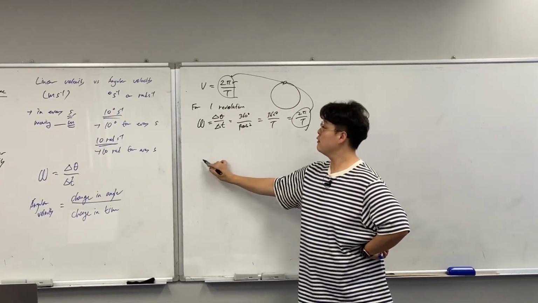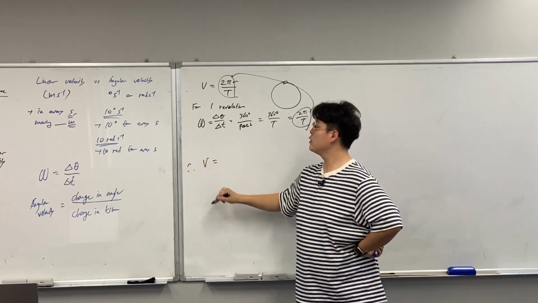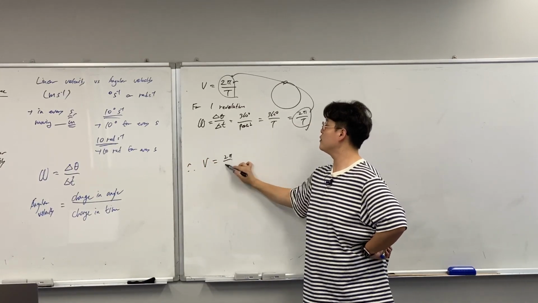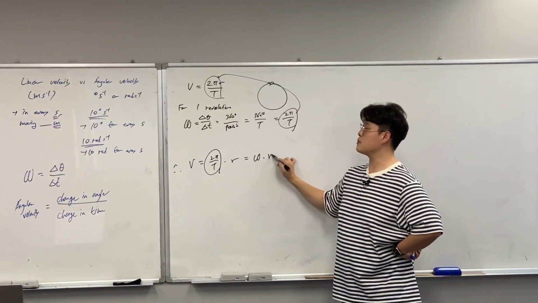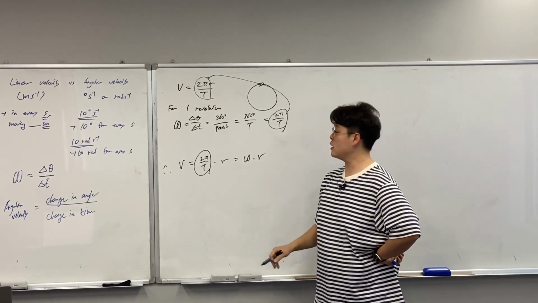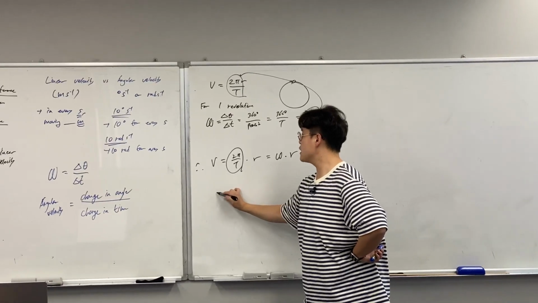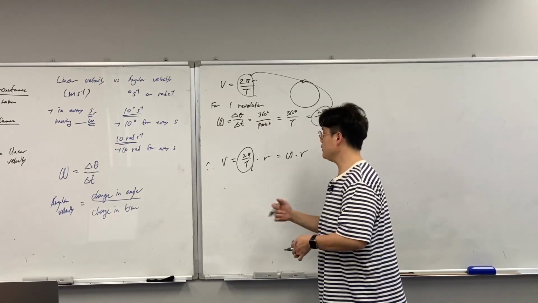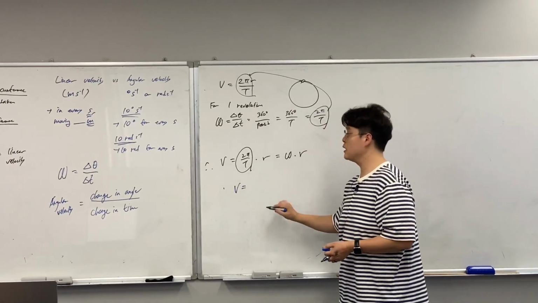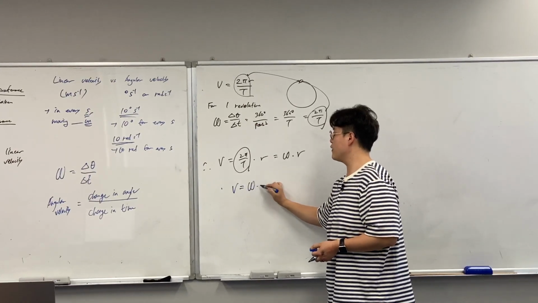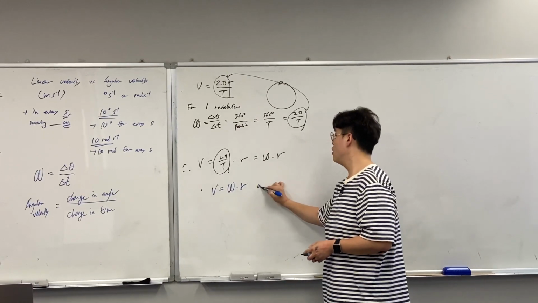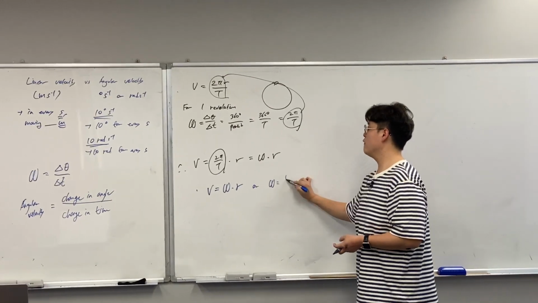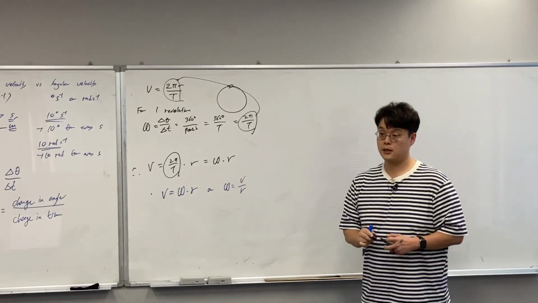Which makes v equal to 2 pi over T times r. That's omega times r. Therefore, linear velocity is the product of the angular velocity times the radius, or angular velocity is v over r, like this.